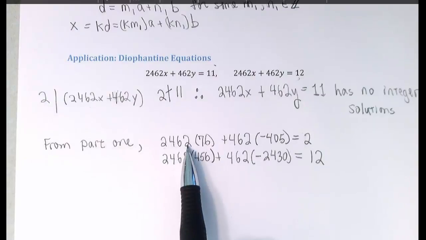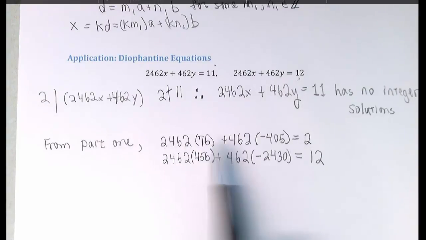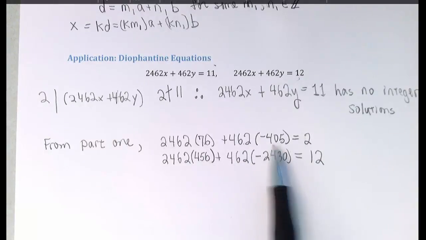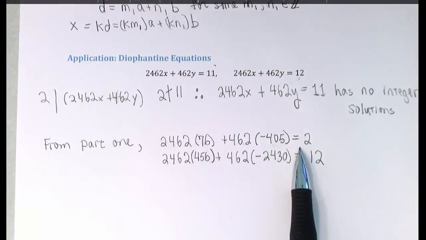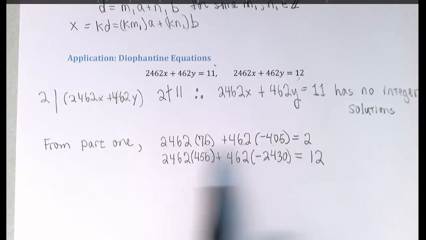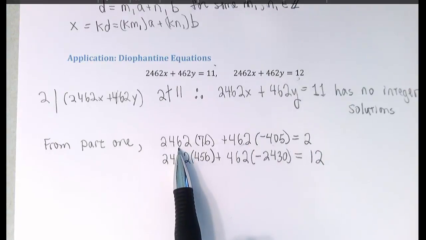We computed the greatest common divisor of 2462 and 462 by the Euclidean algorithm, and then worked backwards through the process to come up with this equation.